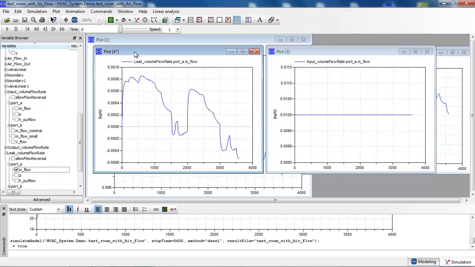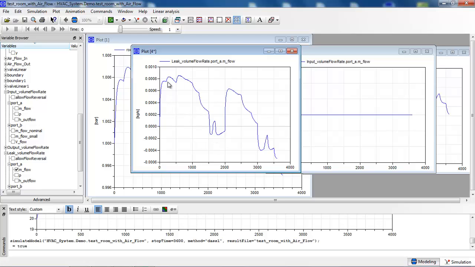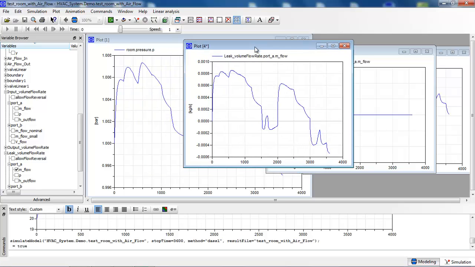I have a non-constant flow, and the flow could be positive and negative, which means that air is going from the room to the external air, or from the external air to the room.